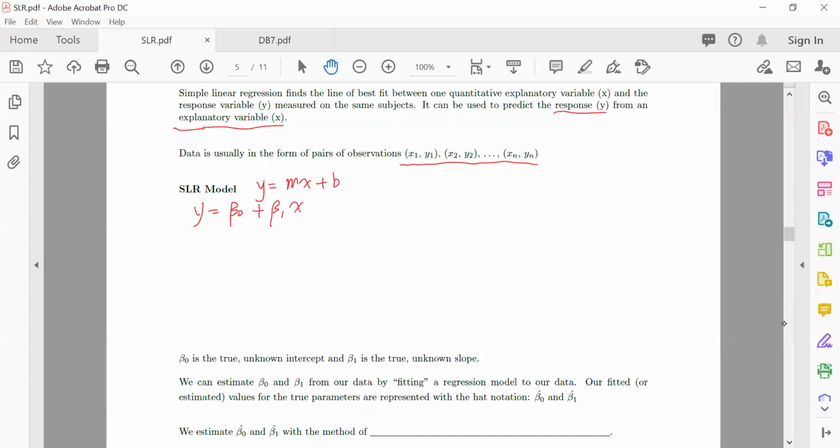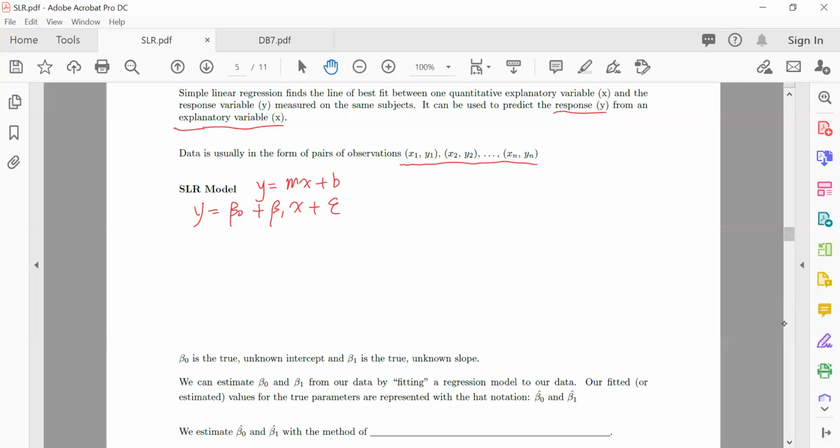So here, this y is our true y, and those beta 0 and beta 1 are our true parameters. Because the data are random, this y will not be exactly beta 0 plus beta 1x. There may be some random error here, and we use this epsilon to denote any random error that may be associated with this line.